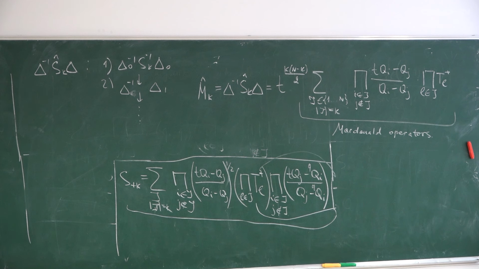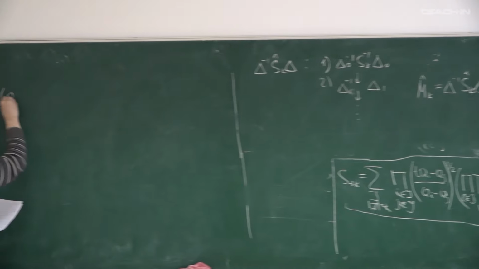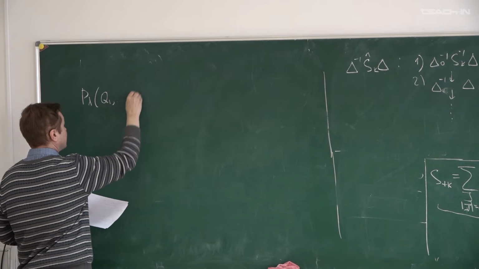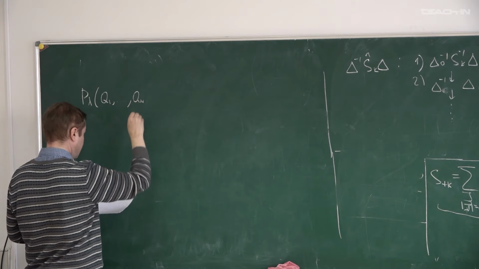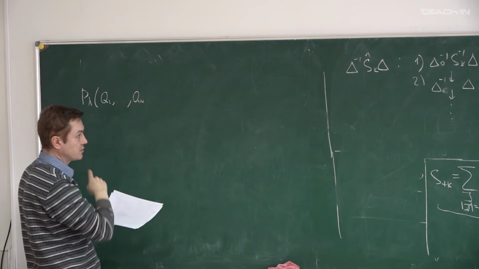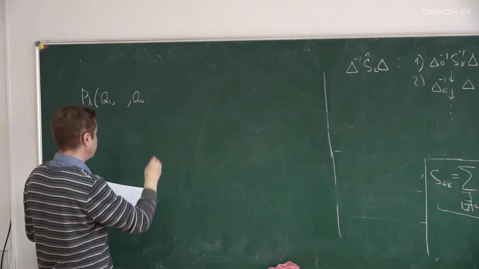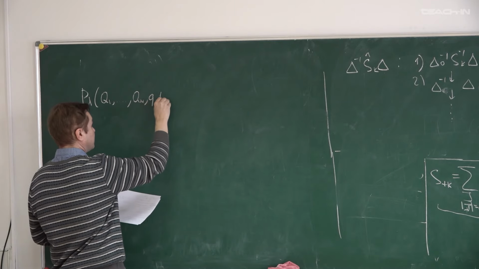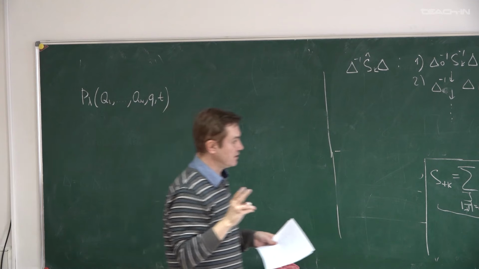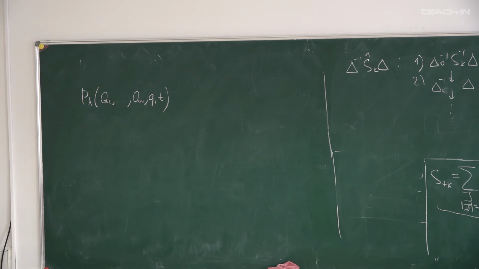With reference to the book by McDonald, you may define a set of symmetric polynomials, which depend on the coordinates of particles and on this pair of parameters. So we have two parameters here. This t encodes the relativistic parameter.